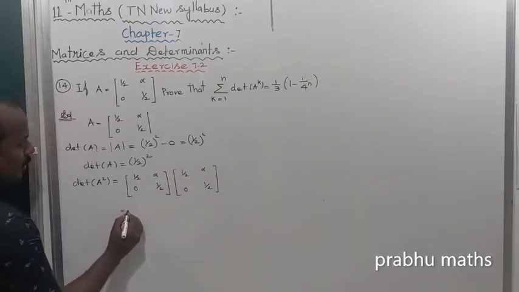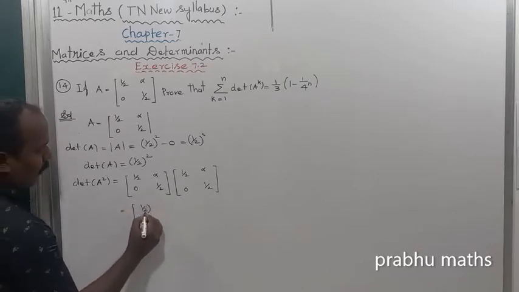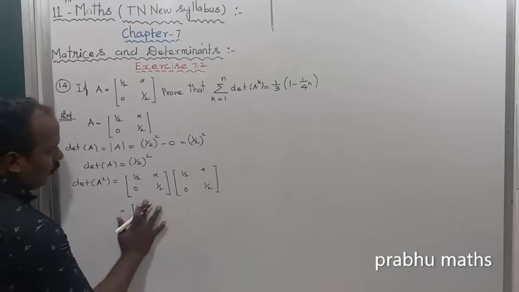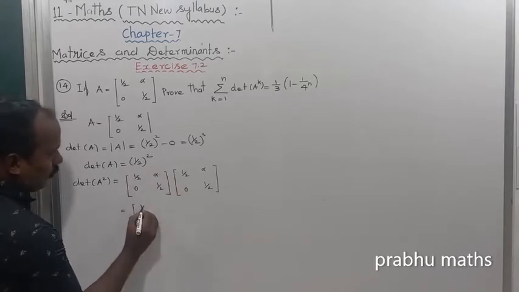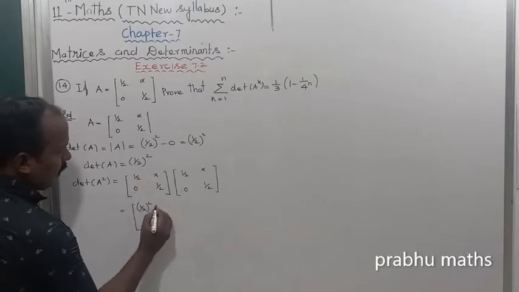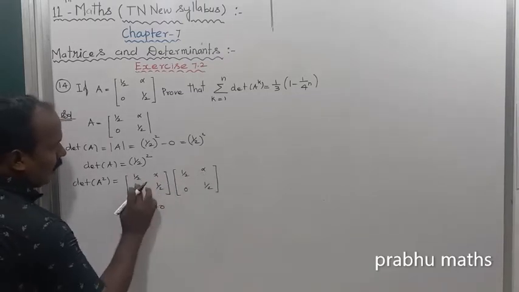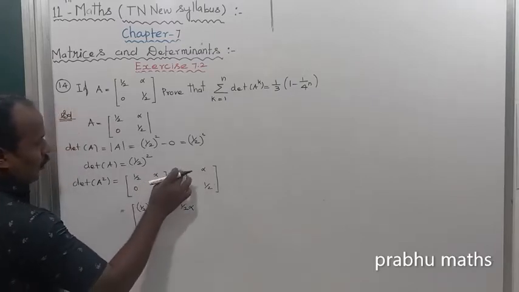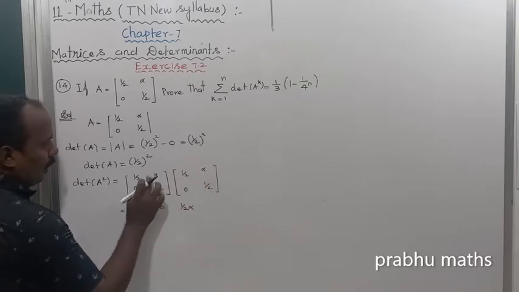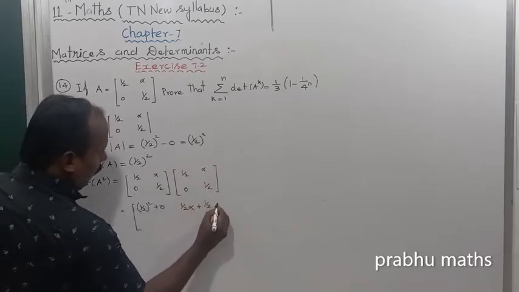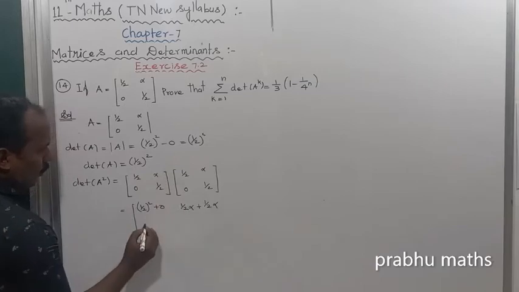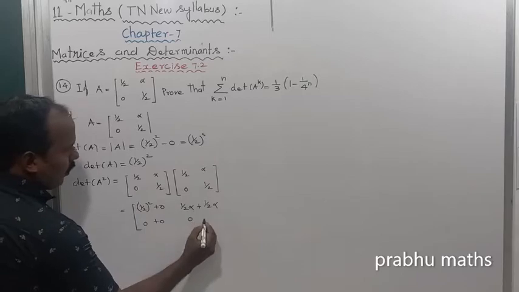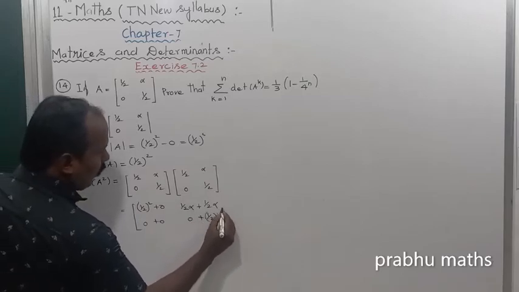For this multiplication, we get the result: first entry 1 by 2 the whole square, next entry 0, first row second column 1 by 2 alpha into 1 by 2 plus 1 by 2 into alpha, next one 0, next one 0, and the last entry plus 1 by 2 the whole square.